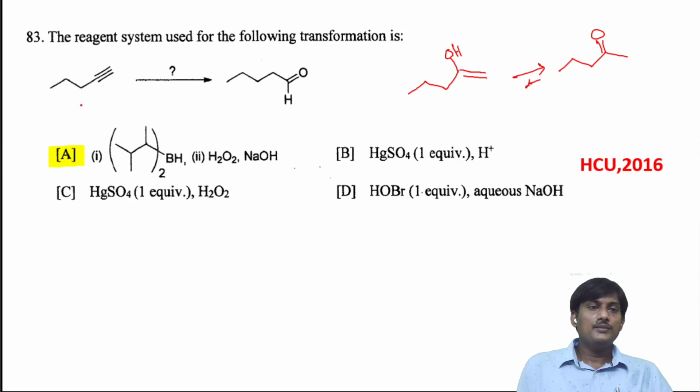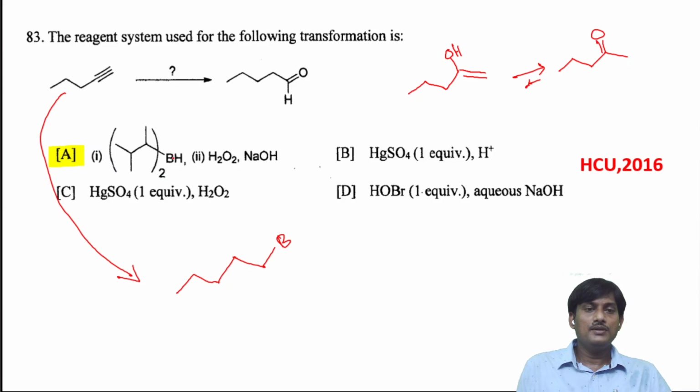But if you take this reagent, bulky boranes, there is an addition of BH2 here. There is an addition of this fragment B here, and an addition of hydrogen here, and there is a double bond between these two.